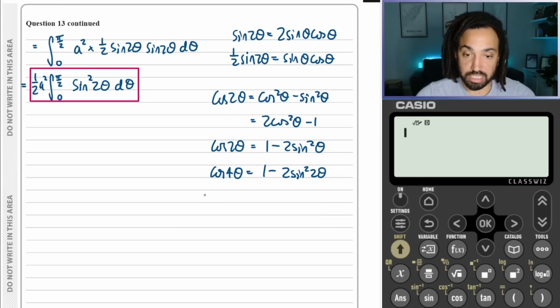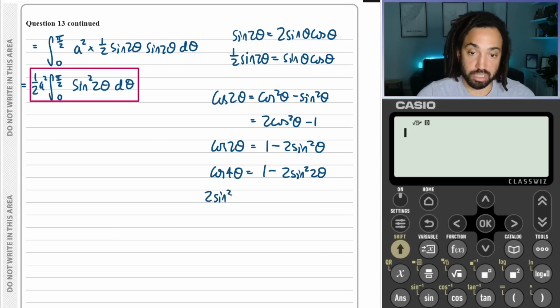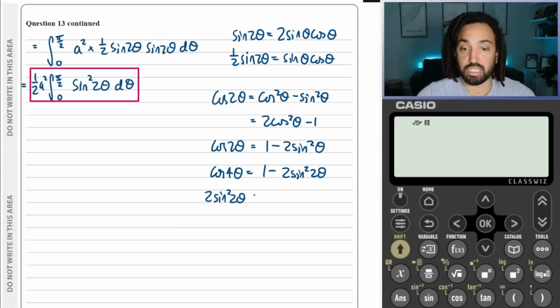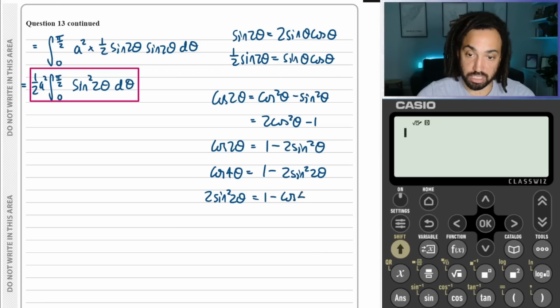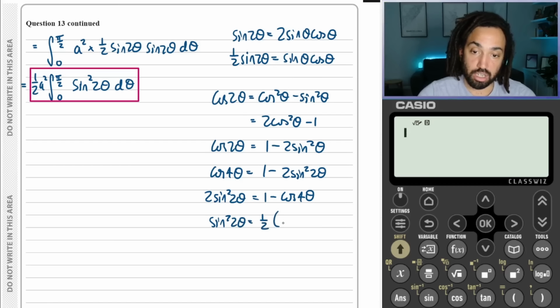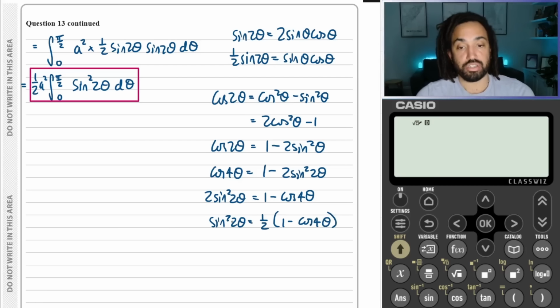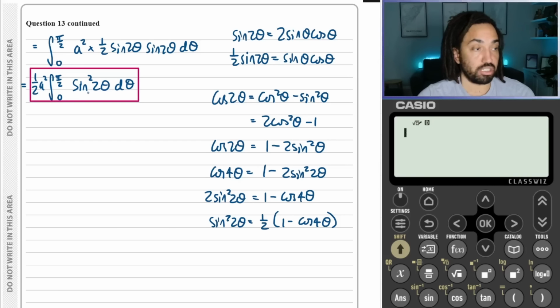Now we're going to rearrange this by adding this sine squared 2 theta to this side and subtracting this cos 4 theta to that side. And then we're going to divide by 2 on both sides to get a half of 1 minus cos 4 theta. So that is going to replace this sine squared 2 theta.